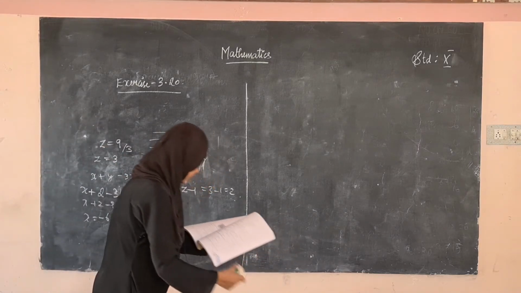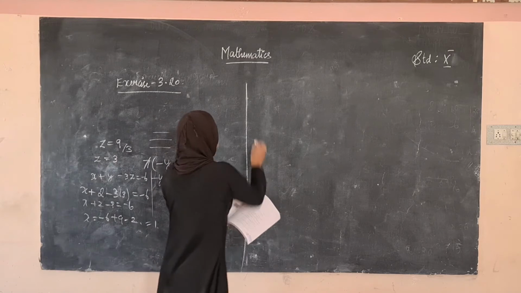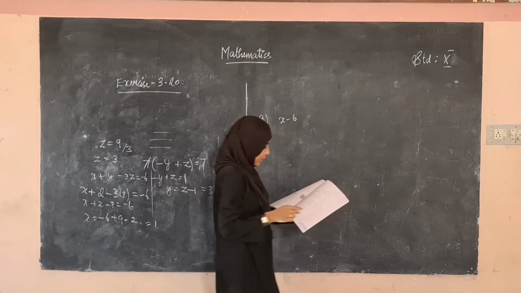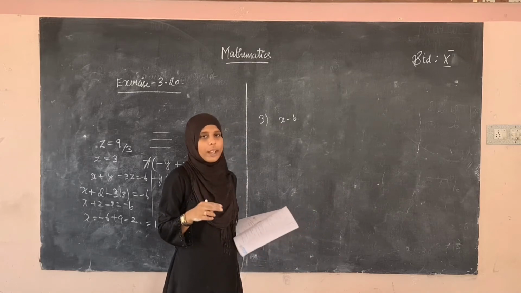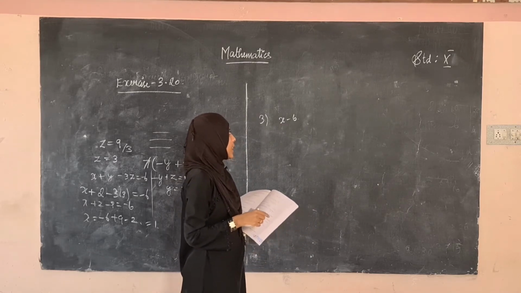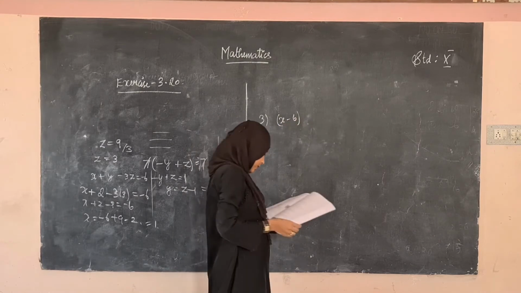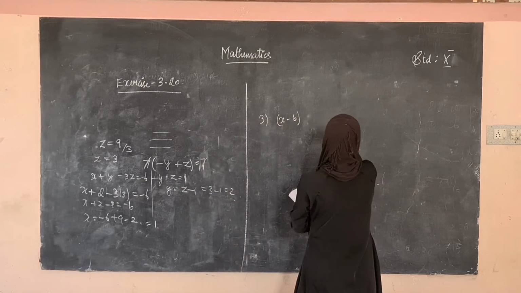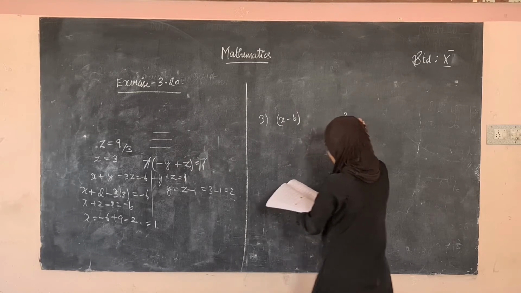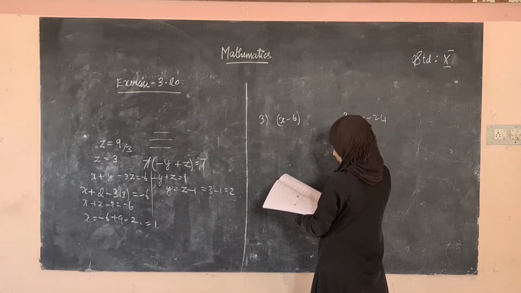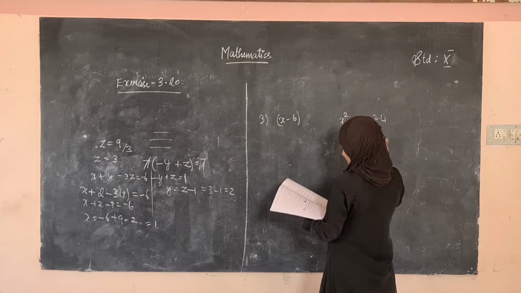Okay. Now the third question: if x minus 6 is the HCF of the two expressions they have given, right? HCF means, when we factorize these two given expressions, x square minus 2x minus 24, and here it is x square minus kx minus 6.